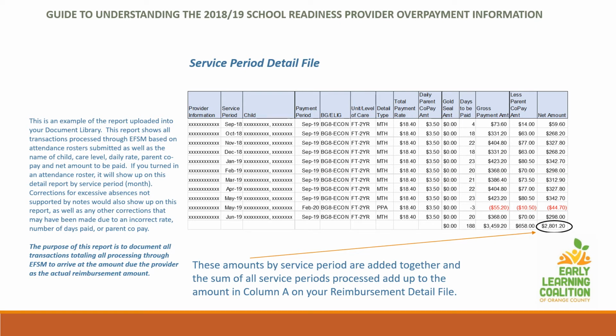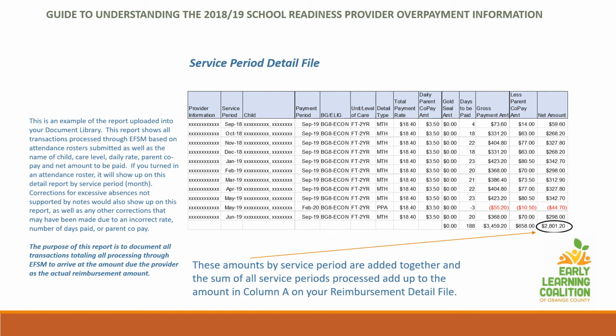The sum of all the months of these transactions will agree to the total on the previous slide in column A. Please note that the amount in column A in the previous slide is for 12 months, and the total on this slide is only for 1 month.